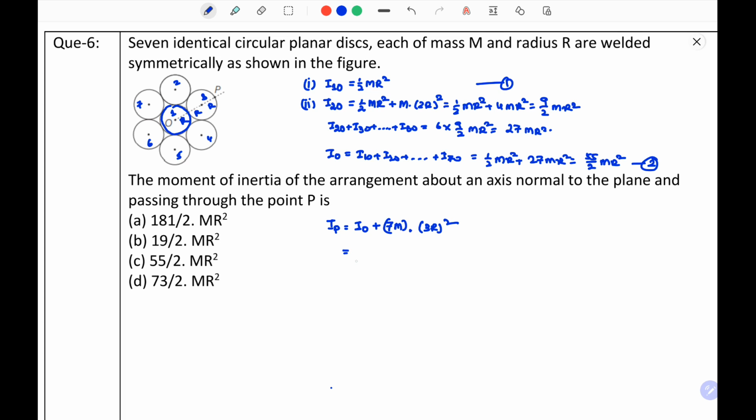And substituting the value, IO is 55 by 2 mr square plus 7m into 9r square. This is equal to 55 by 2 mr square plus 63 mr square, that is equal to 181 by 2 mr square. Hence option A is the correct option.